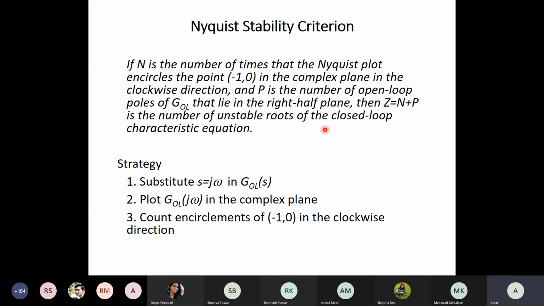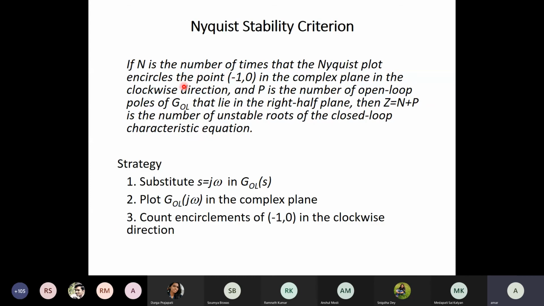My characteristic equation is 1 plus GOL equals 0, which I can write as GOL equals minus 1. GOL is a complex number, which is real plus j times imaginary part, so minus 1 is real minus 1 plus j0.